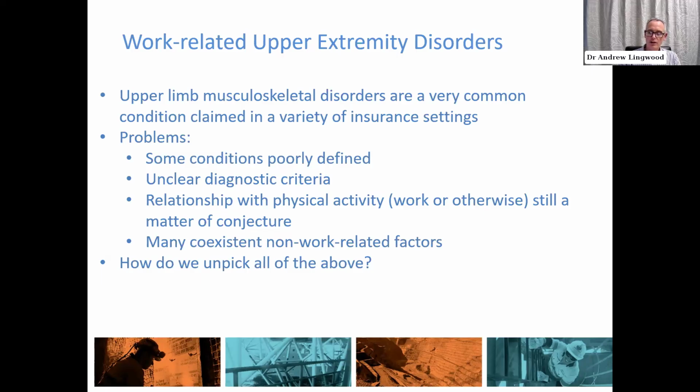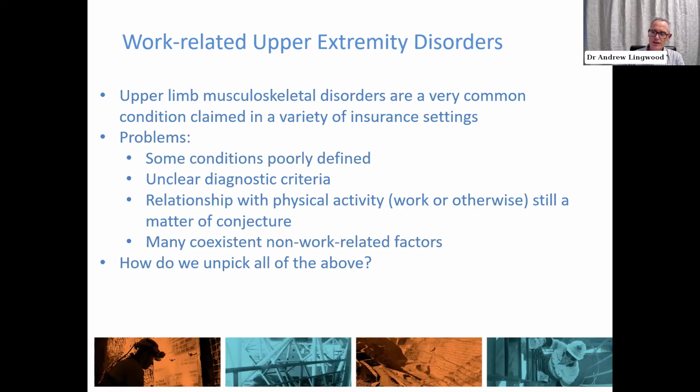So it follows that people are not infrequently going to become aware of arm pain in the course of their work. And the question, if we're looking at this from some kind of insurance perspective, or if we're a medical practitioner being asked to give an opinion, is what exactly is the relationship between this condition and the person's work? There are lots of difficulties in drawing that conclusion sometimes.